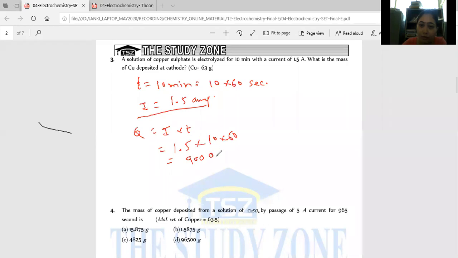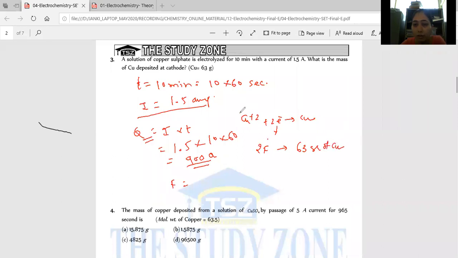Yes, 900 coulombs, right? Now we have the reaction Cu2+ plus 2 electrons gives Cu. Q you can convert into Faraday. Otherwise, 2 Faraday you can directly correlate like this: 2 Faraday gives 63 grams of copper.